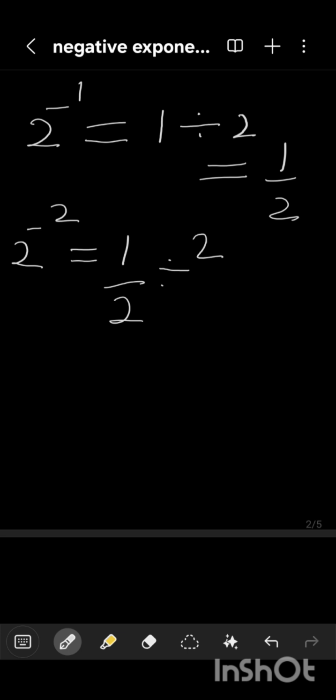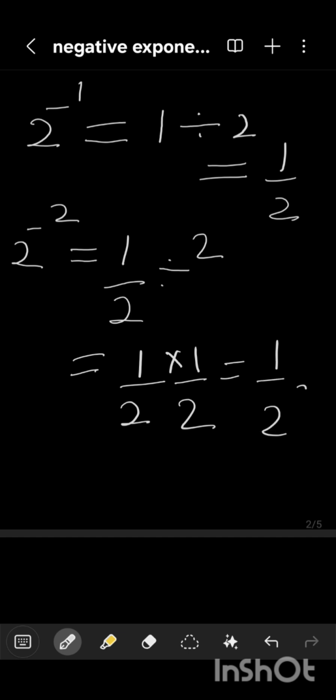Then what will be coming? How can we write this? Okay, let's see. We can write it like that: 1 upon 2 divided by 2, means it will go in the denominator. It will be looking like this, or we can say 1 upon 2 square.